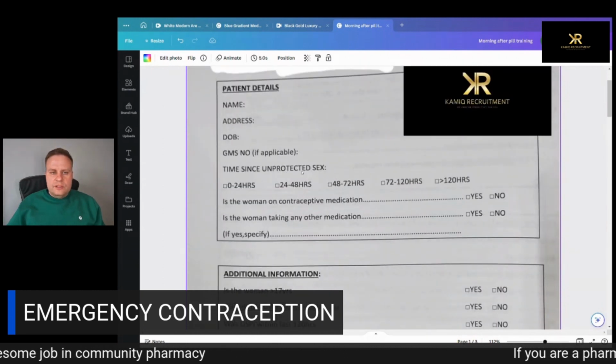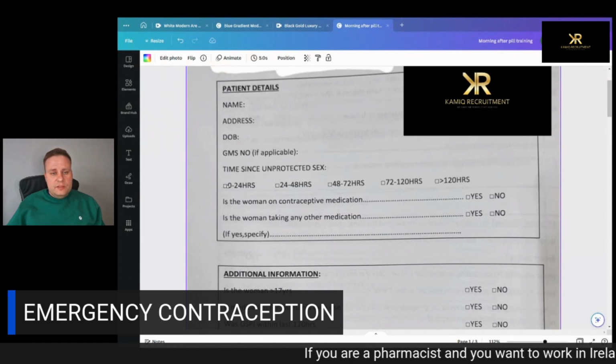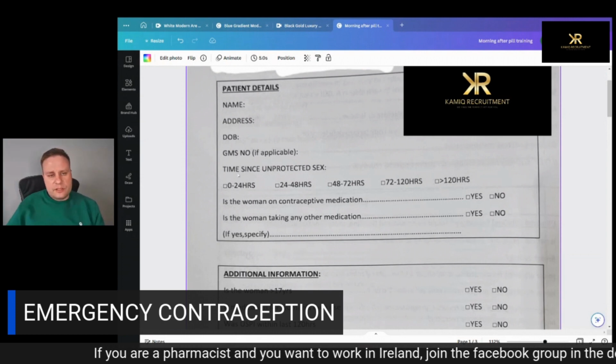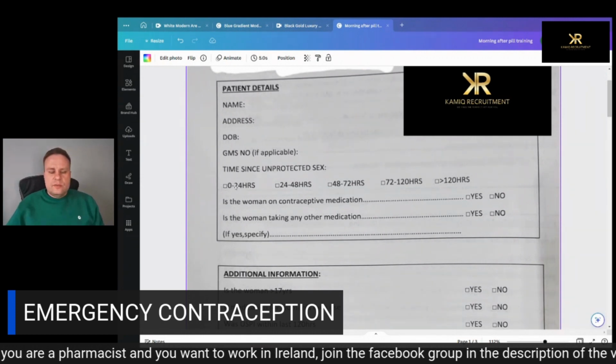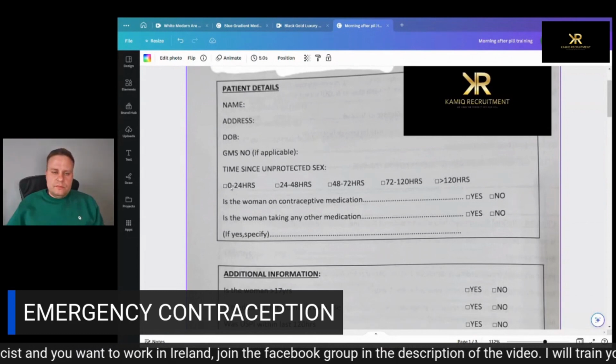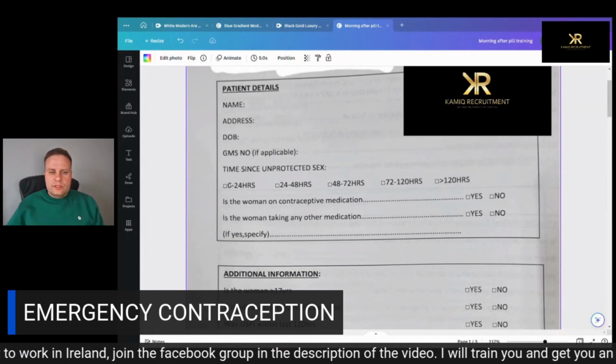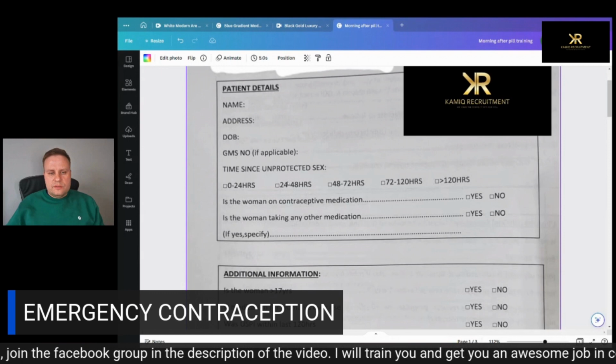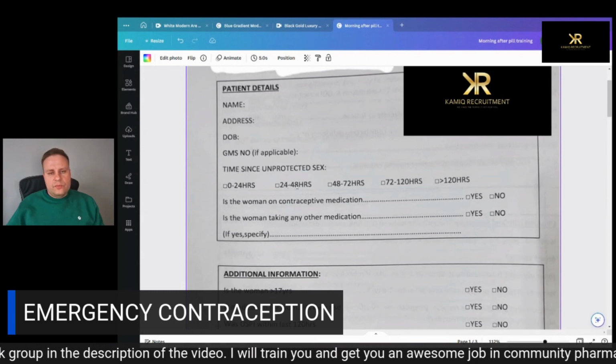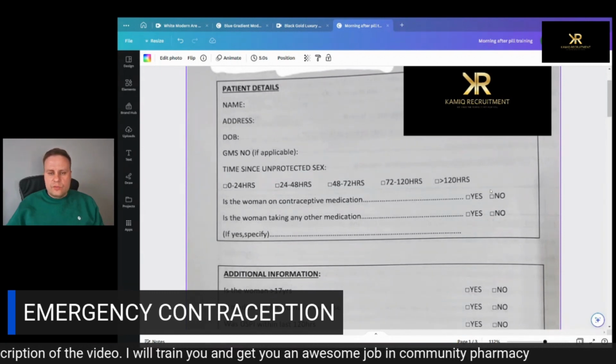Then you need to ask how long it has been since the unprotected sexual intercourse. So if it's within 24 hours, you tick this one. If it's from 24 to 48 hours, tick this one, and so forth.